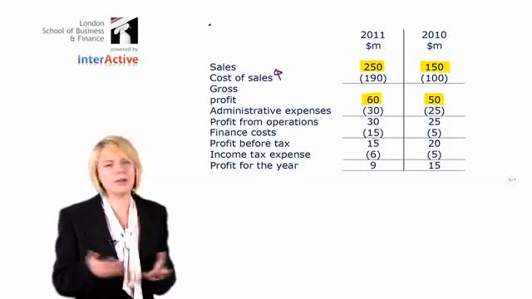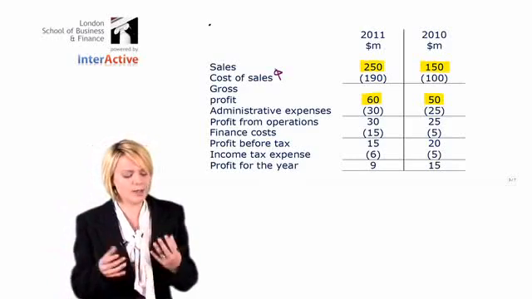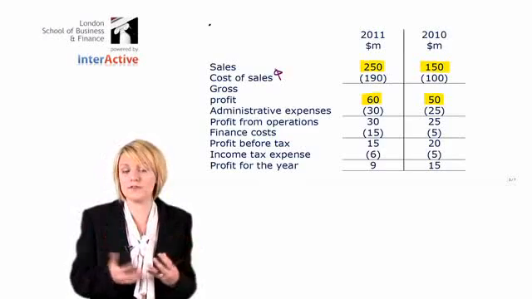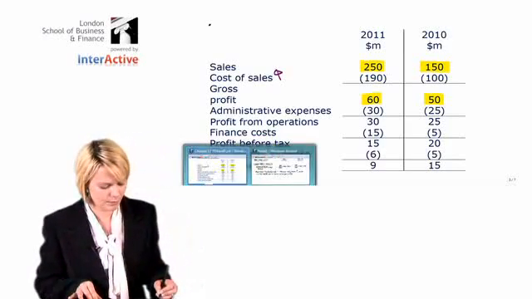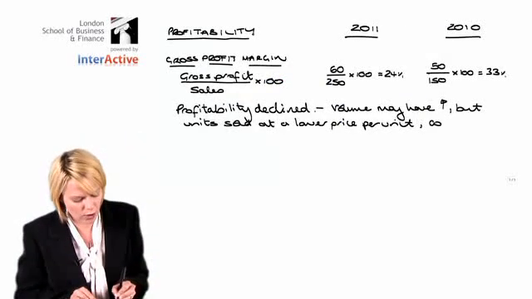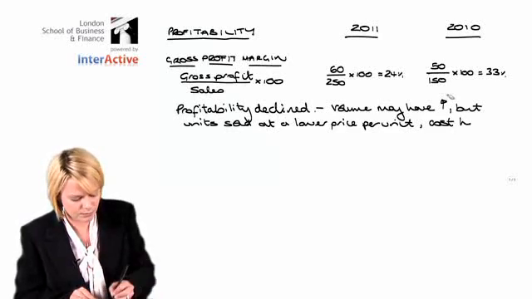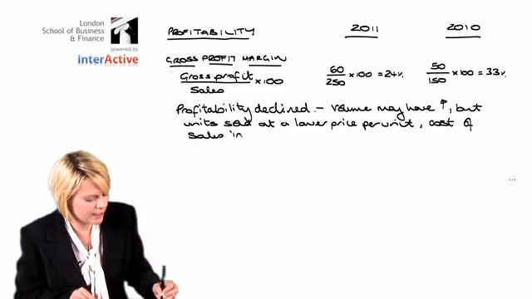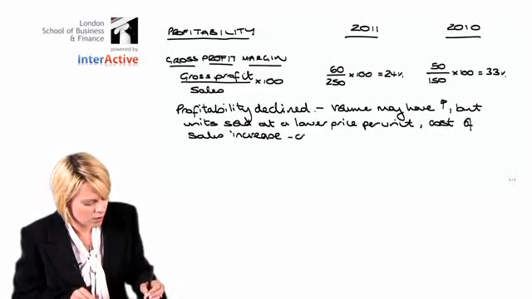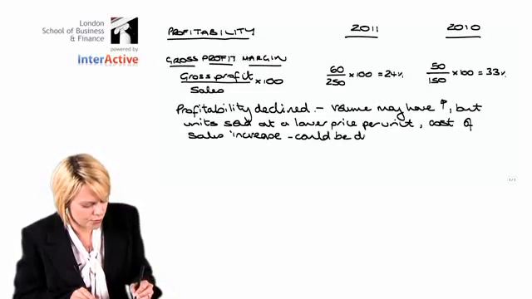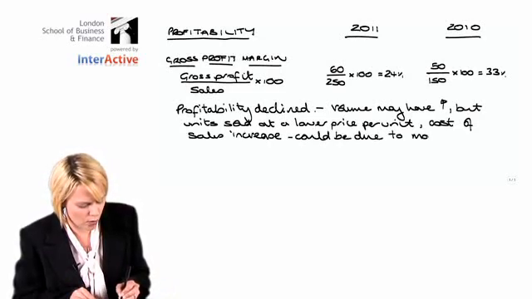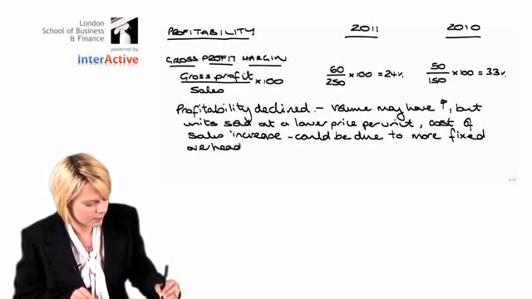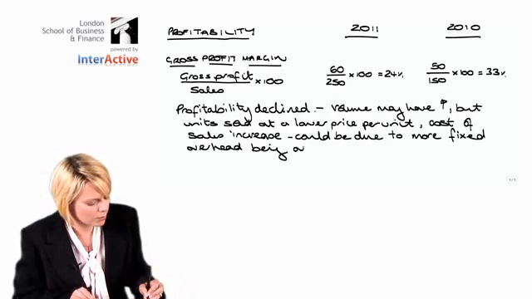Why would that be? Well, there's lots of different reasons. But I would say maybe there's been more fixed overhead absorbed, and that would cause the cost of sales to increase. So cost of sales increased could be due to more fixed overhead being absorbed.